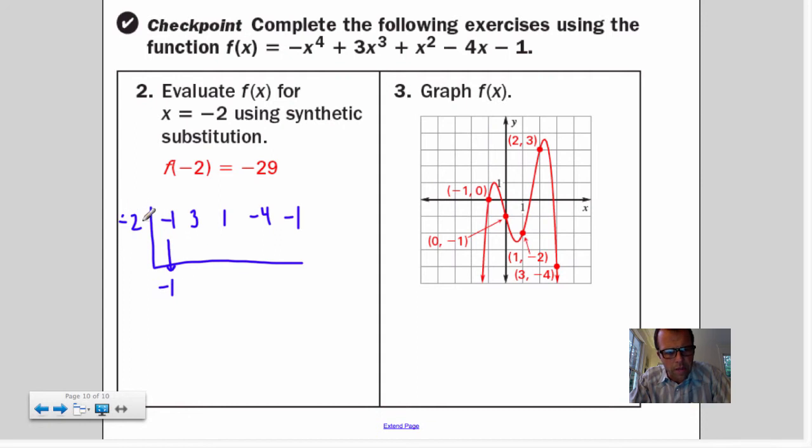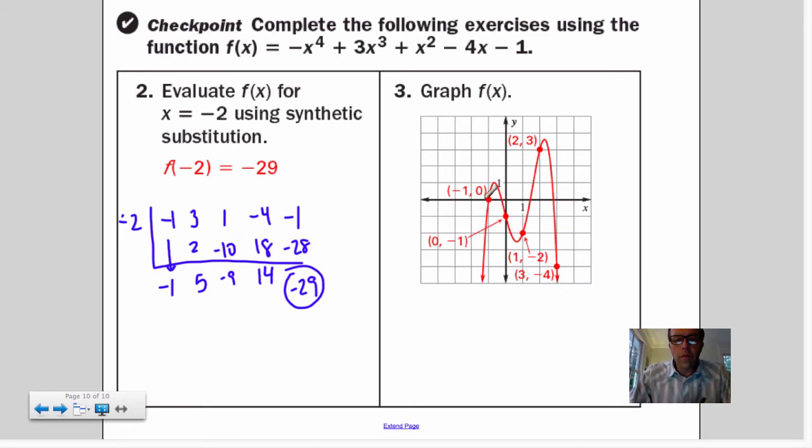So -1 times -2 is +2. We add, we multiply, we add, we multiply, we add, we multiply, then we add. And that's how we substitute. Hopefully you got that. We need to practice this and definitely get it in your note sheet.